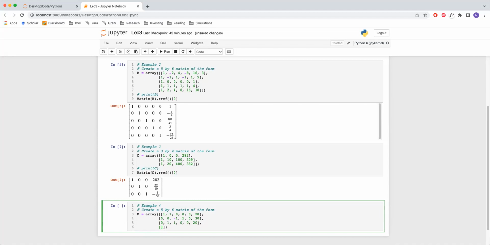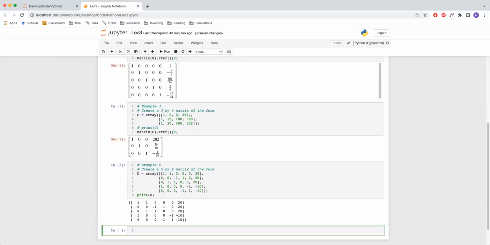The fourth one is 1, 0, 0, 0, negative 1, negative 10. The last one should be 0, 0, negative 1, 1, and negative 10. I made a little mistake here in the notes, and we'll go back and fix that later. So print out this matrix, so it works.